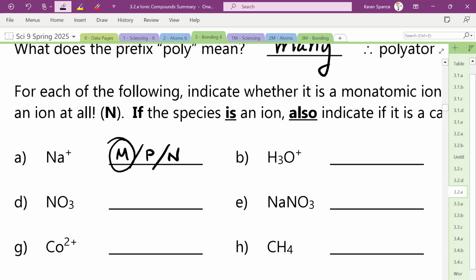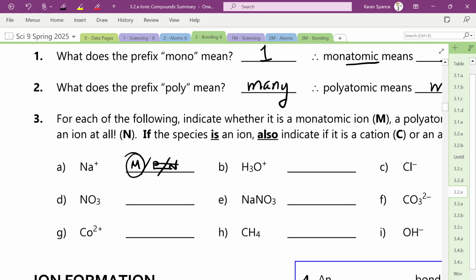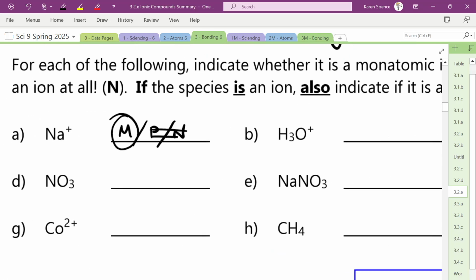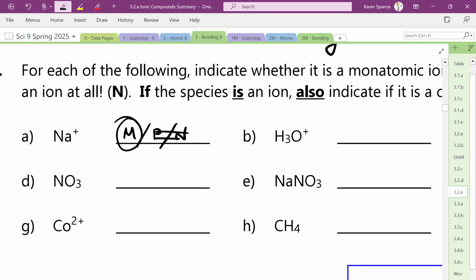And if it is an ion, which it is, let's also indicate if it is a cation or an anion. Is this one a cation or an anion? That is a cation. And if you'd prefer to write out a little bit more than M and C, you can write mono, cat, or you can just write M and capital C.